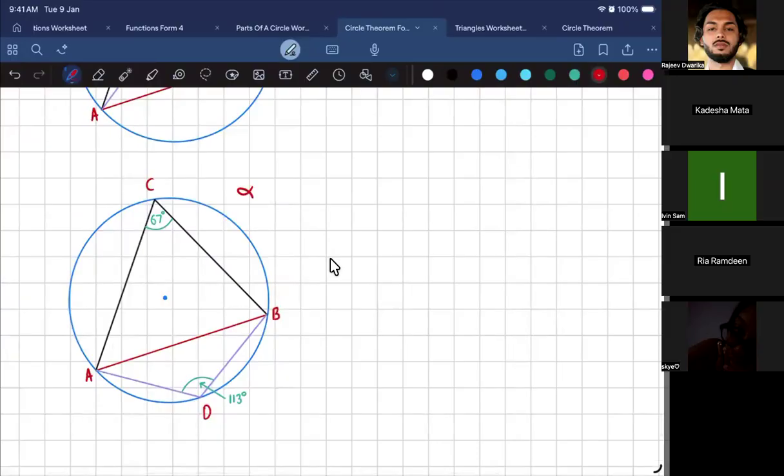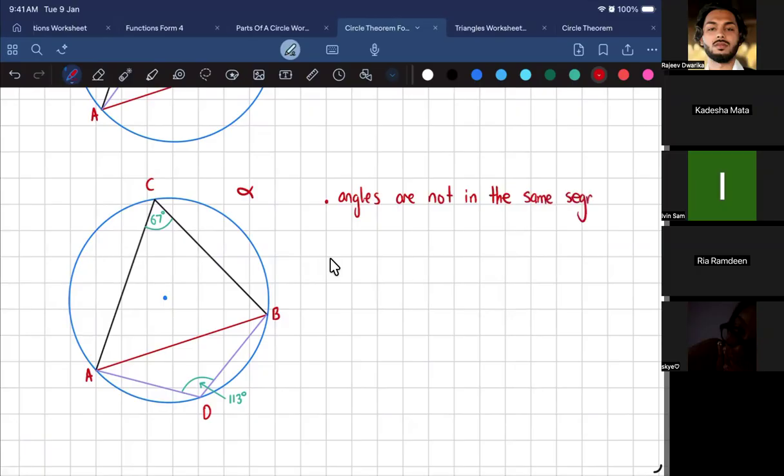Can somebody tell me why it doesn't apply? The angles are not in the same segment. Sky, agree with that? Yes, sir.